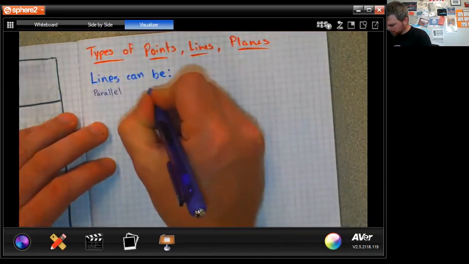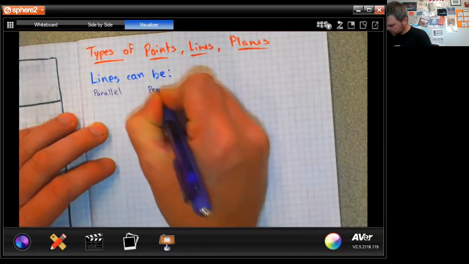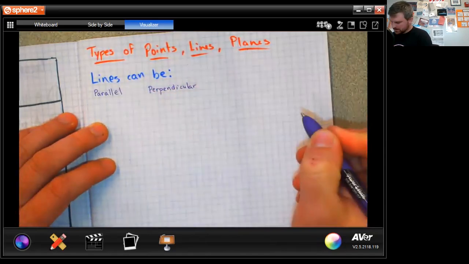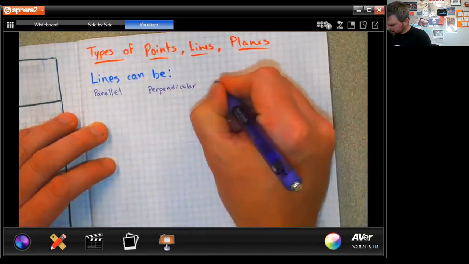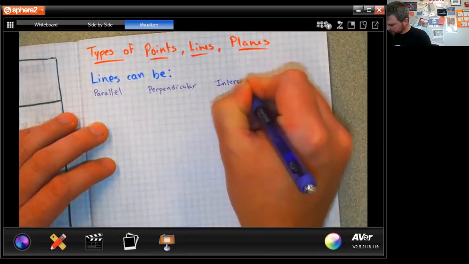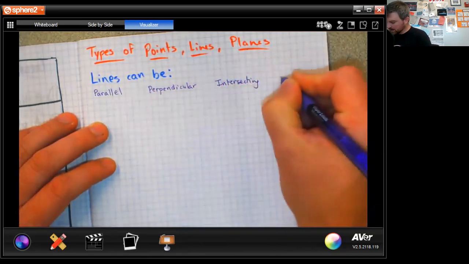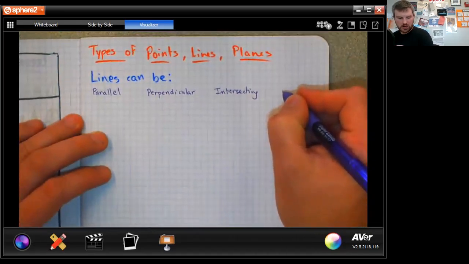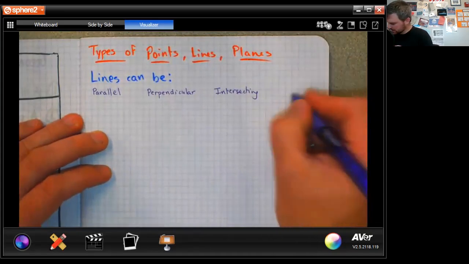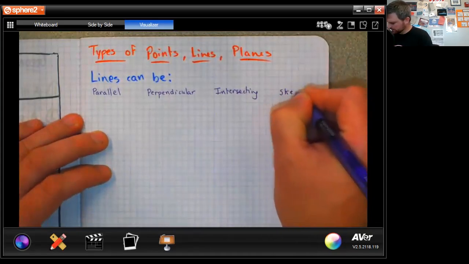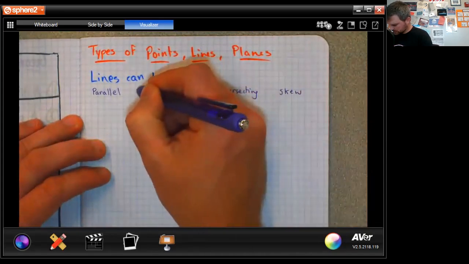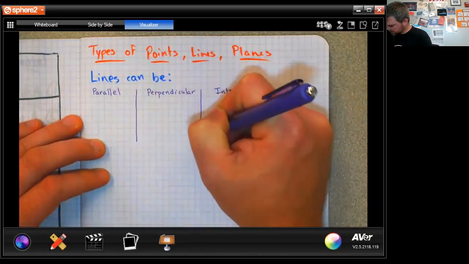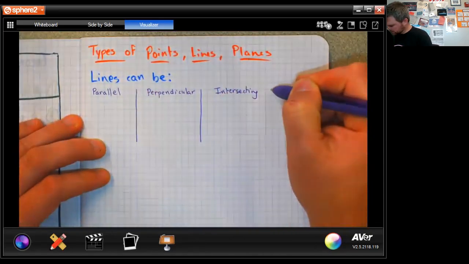Lines can be perpendicular. Lines can be intersecting. And the last one you've probably never really talked about, but it needs to be addressed, is skew lines. Now I'll draw some lines down here, just giving us a little bit of division for our pictures and notes.